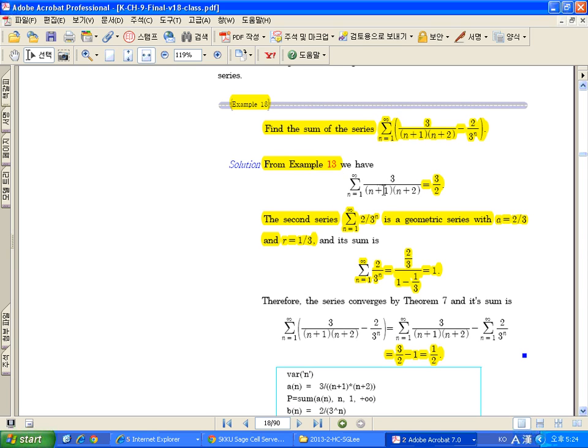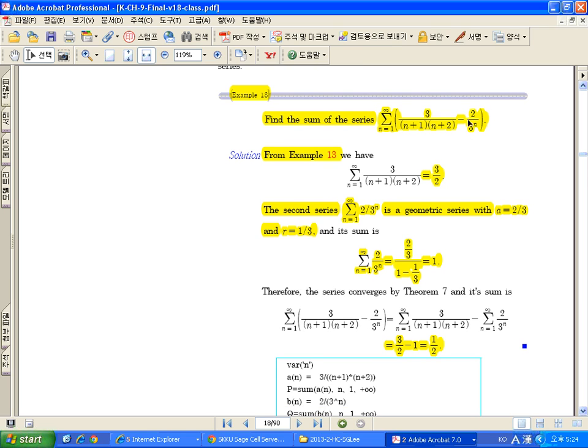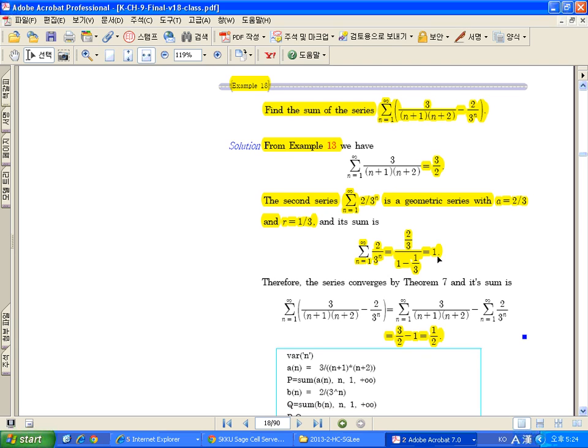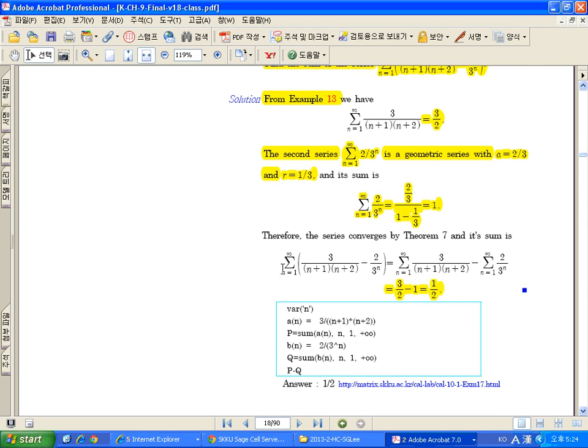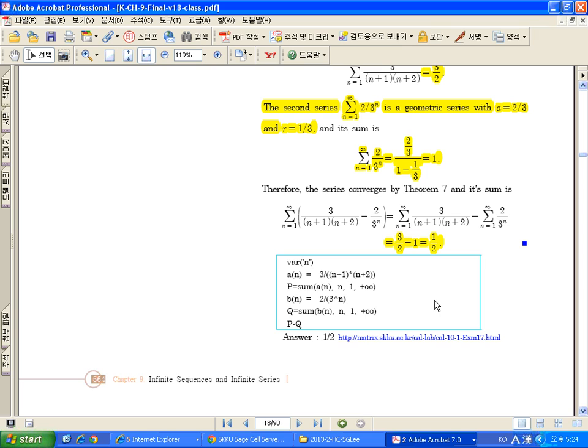As you see, the limit of this is 3/2, and the limit of the second term, since it's a geometric series, we can easily find as 1. Then the difference of the two series is just 3/2 minus 1, which is 1/2, which can be easily obtained from here.